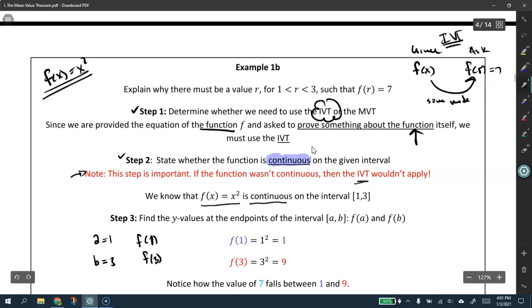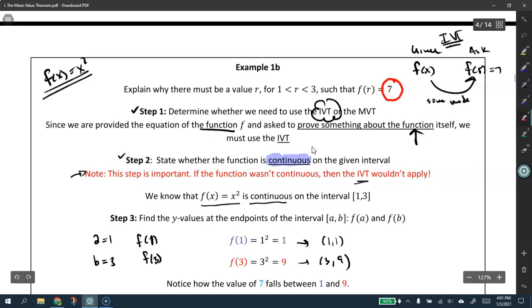Notice how, again, this is very similar to how we started off with the MVT. So we find out that we have basically 1, 1 and 3, 9. Now, let's talk about the problem itself. It was saying prove that the function is ever equal to the number 7.